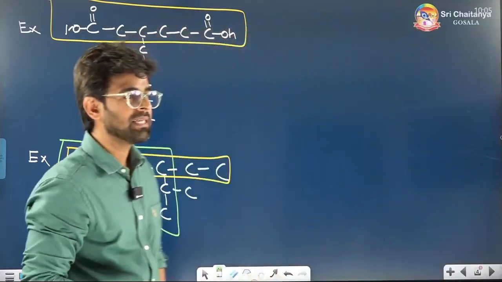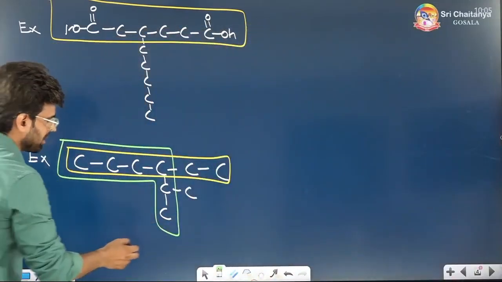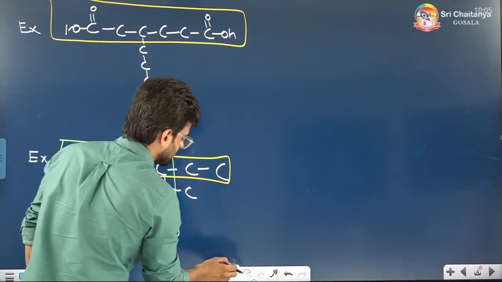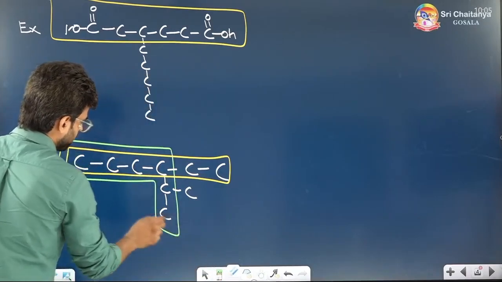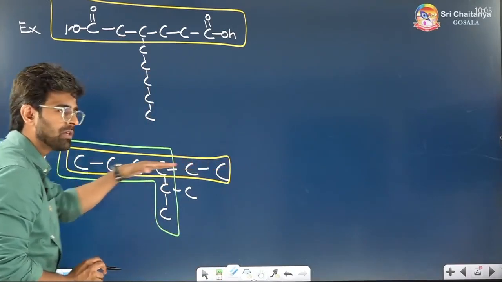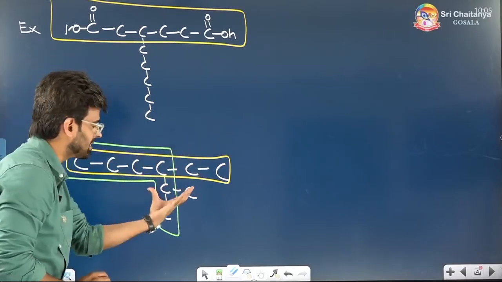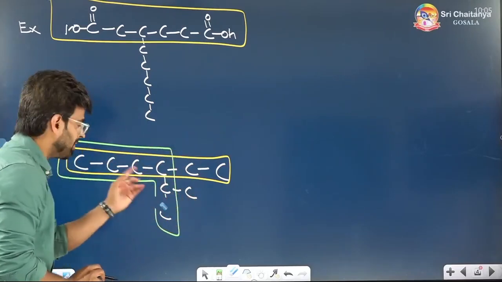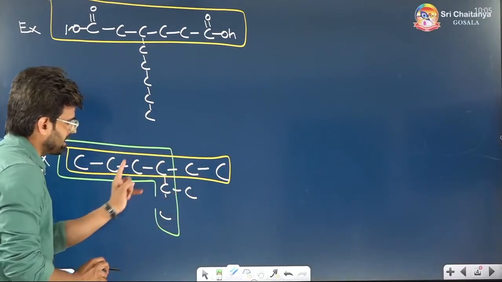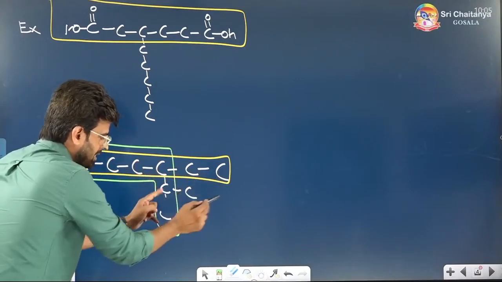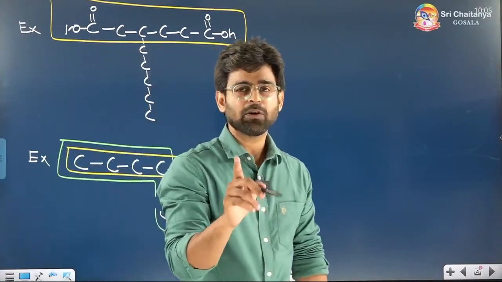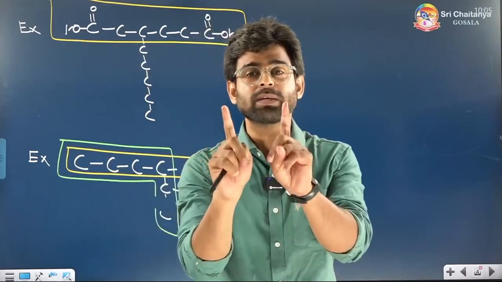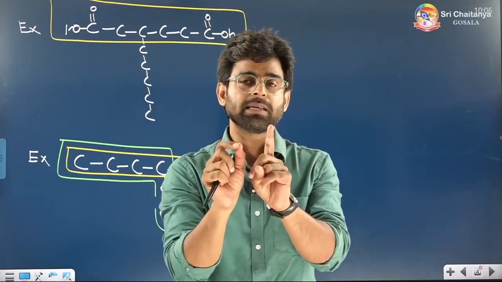What do I mean by this? Understand this very carefully. If you go straight away, you have only one substituent. But in the L shape, how many substituents? One substituent here, one substituent here. If the length of the chain comes out the same in two cases, then take which one?